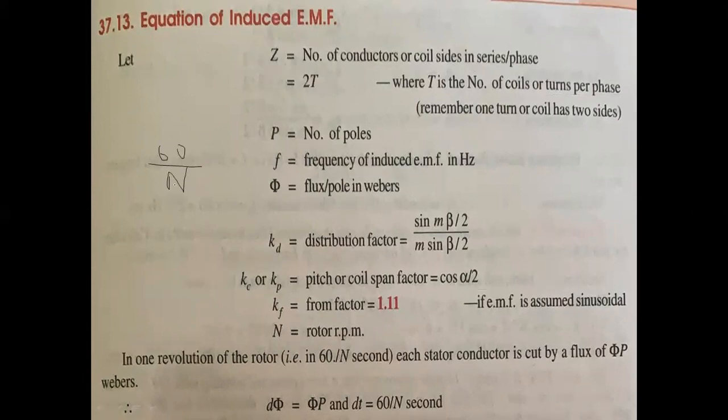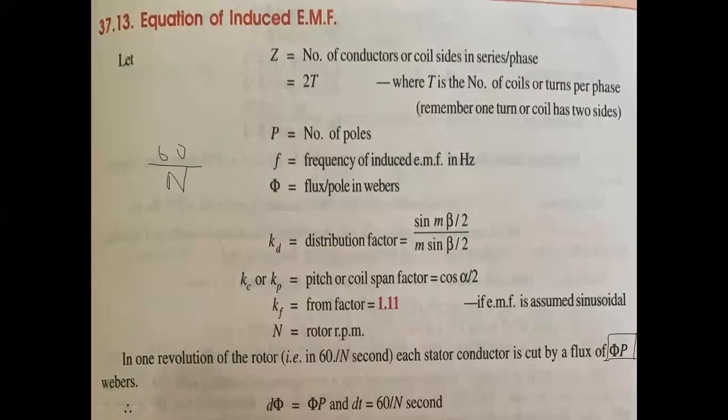While rotating, the rotor will cut the flux, right? So each stator conductor is cut by a flux of phi P. How much flux is it cutting? P poles, phi flux each. So the total flux is phi into P. The rotor is cutting a total flux of phi P Webers.